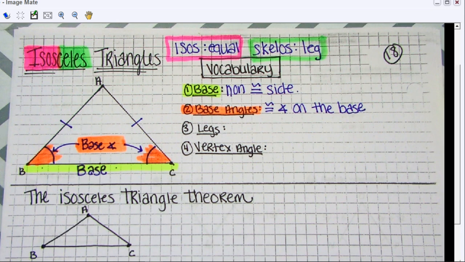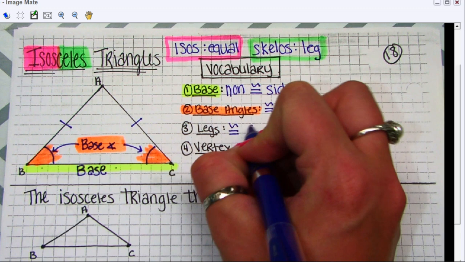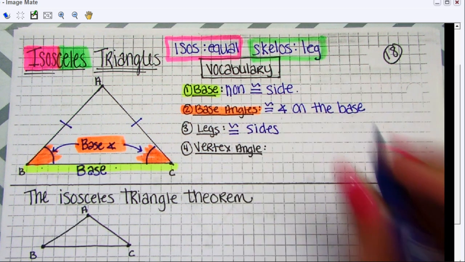The next piece is called legs, the legs of the triangle. In an isosceles triangle, the legs of the triangle are the two pieces that are equal. So the base is the one that's not equal to anything. The legs are the congruent sides. So there are two of them.